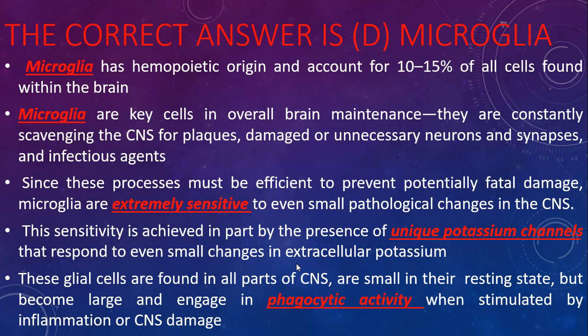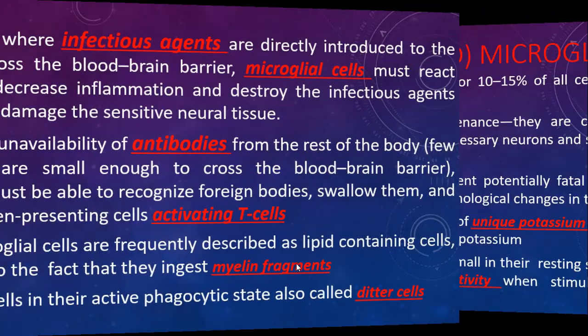This sensitivity is achieved in part by the presence of unique potassium channels that respond to even small changes in extracellular potassium. These glial cells are found in all parts of the CNS, are small in their resting state, but become large and engage in phagocytic activity when stimulated by inflammation or CNS damage.